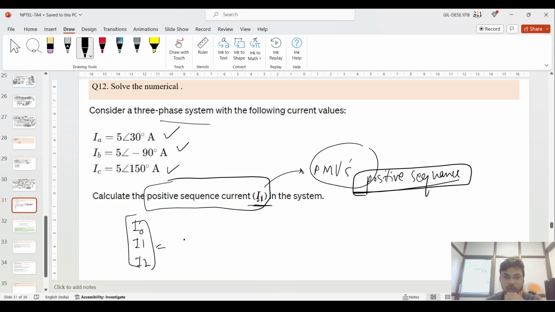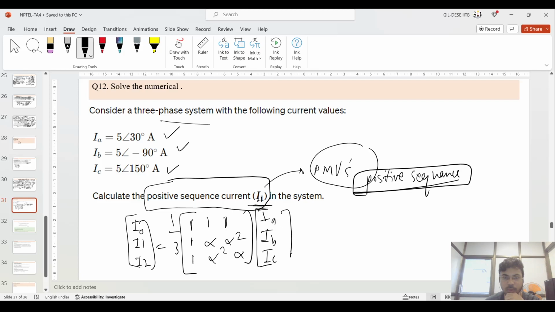I am giving this formula in matrix format: I0, I1, I2 is equal to 1 by 3 times the matrix [1, 1, 1; 1, alpha, alpha square; 1, alpha square, alpha] times IA, IB and IC.